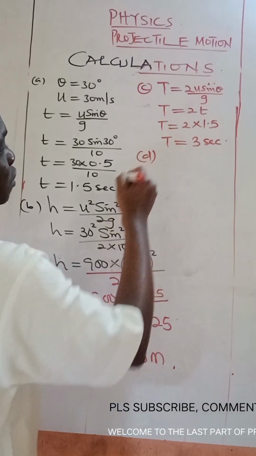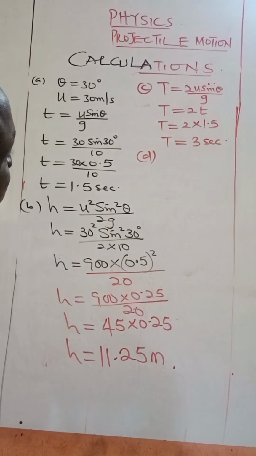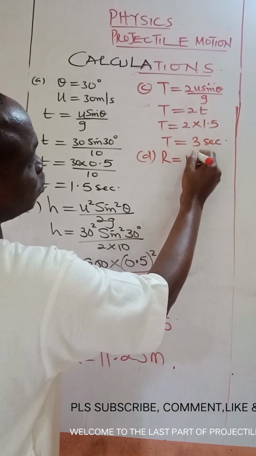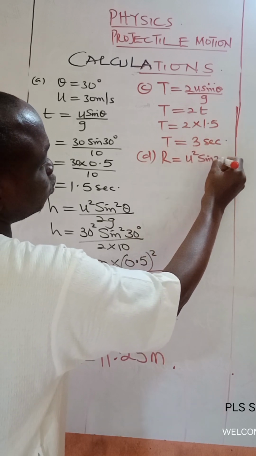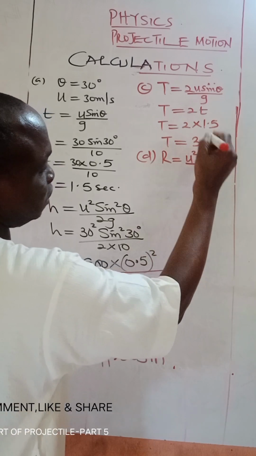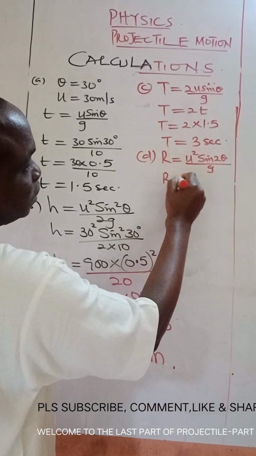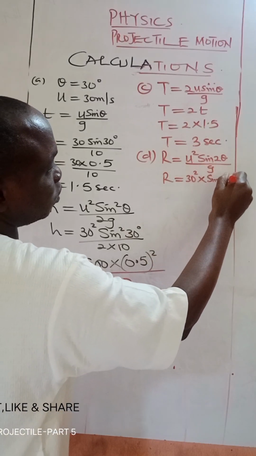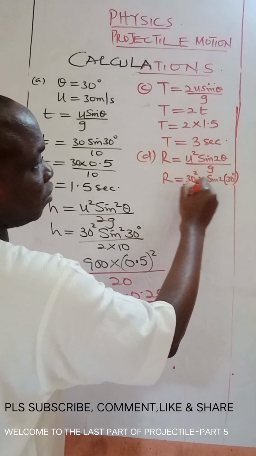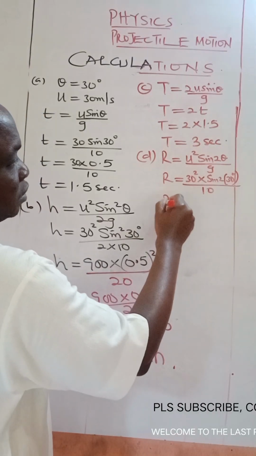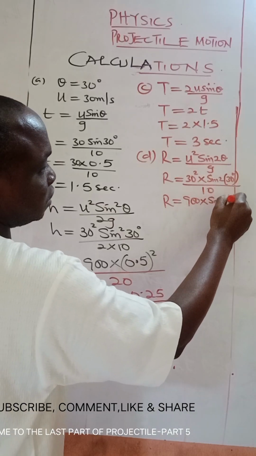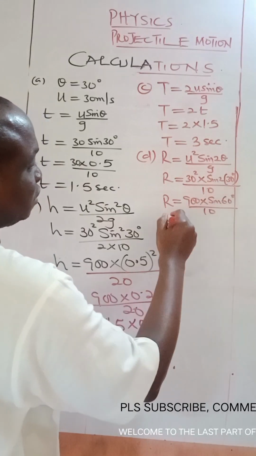So D, we have to find the range. The range is equal to u squared sine 2 theta all over g. So the range is equal to 30 squared times sine 2 times 30 degrees, everything all over 10. This is equal to 900 times sine 60 degrees, all over 10.